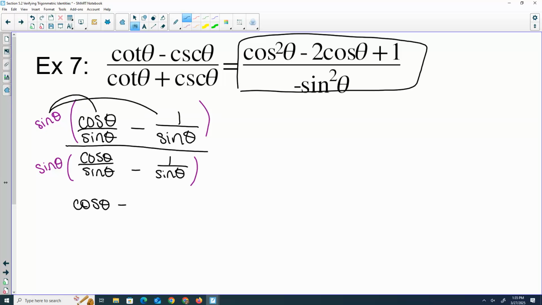Minus sine times 1 over sine is 1. On the bottom, cosine over sine times sine is cosine. Minus sine times 1 over sine is 1. Oops, that's supposed to be a plus on the bottom.